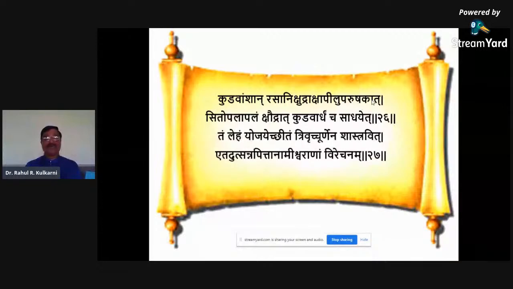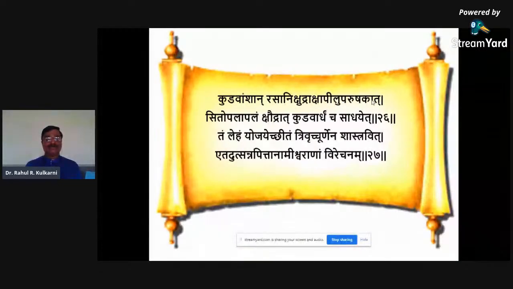Sitopalam palam, one pala of sitopala has to be used. Shaudrat kudavardham cha sadhet, half kudava of madhu has to be added. Sadhayet tam leham yoga chitam trivruchurnena shastravit. So once this leha becomes cooled, it has to be added with the trivruchurna.